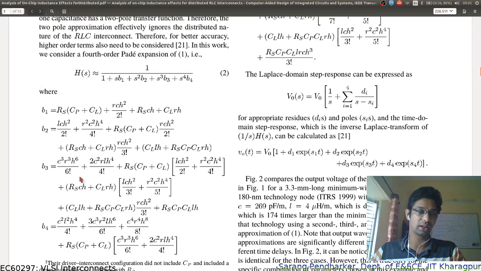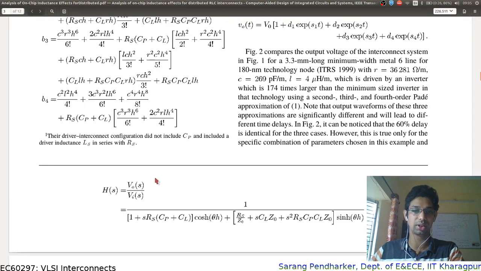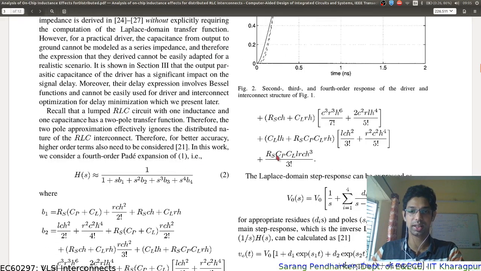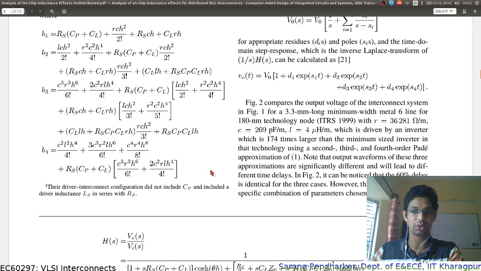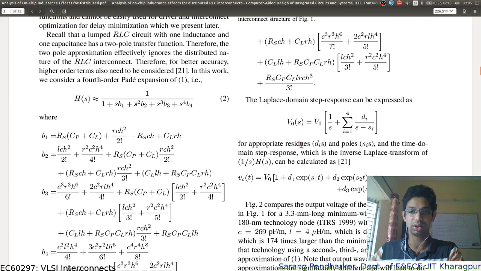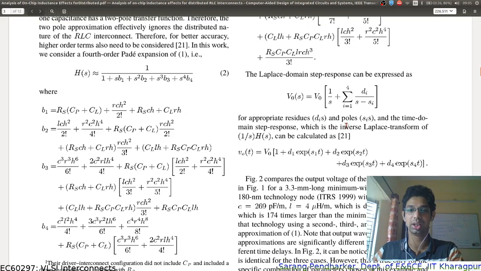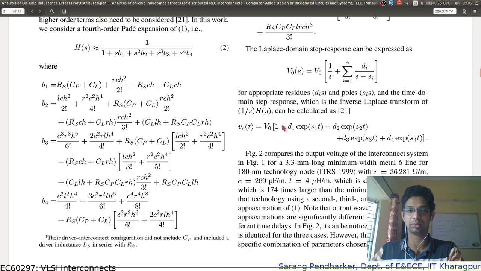They have also derived higher order terms, B3 and B4. And finally what they say is that B4 is quite long. If we have this transfer function, the Laplace domain step response can be expressed in this form. Again, you should be familiar with this. For two terms we did a two-pole transfer function. For a four-pole, there will be four exponents.